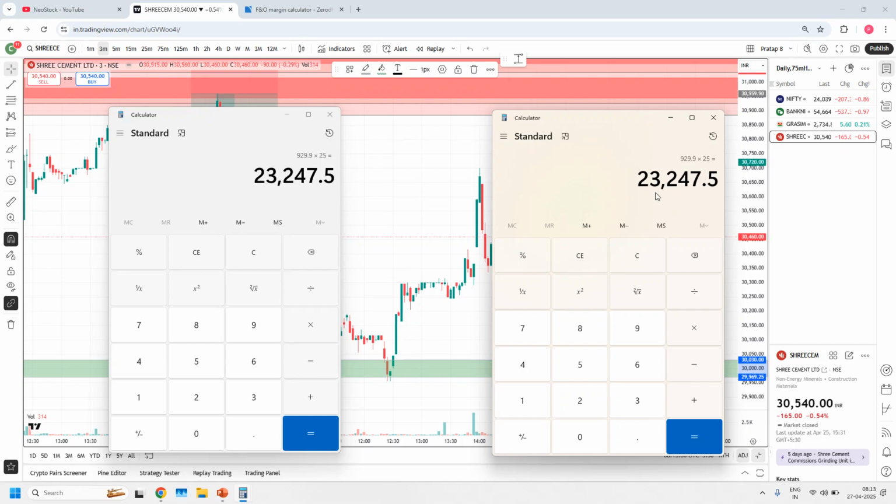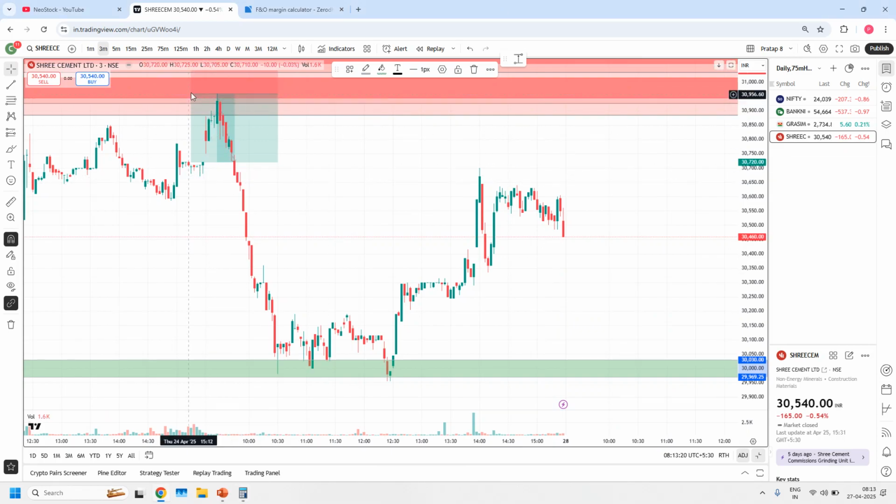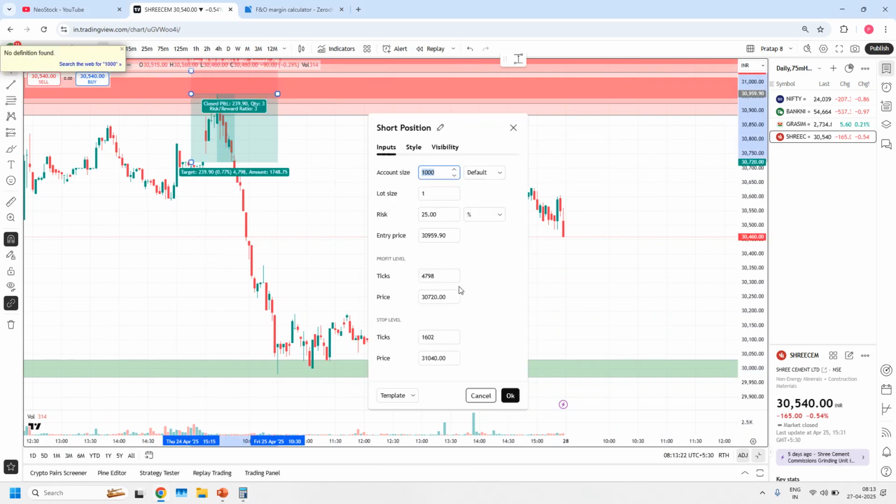Buying here means going short, for a short trade. The profit is the same, but to get this profit, what is your investment? Similarly, in futures, to get this profit, what is your investment? Here how many? 25.